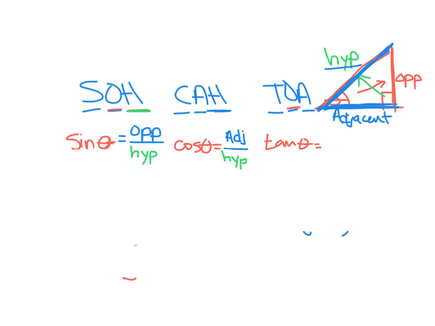And that's going to be O, which we already know as opposite. And this one, tangent, has OA, so it is the only trig function, which trig function means either sine, cosine, or tangent, that does not utilize the hypotenuse. So that last part is an A, that will be adjacent.